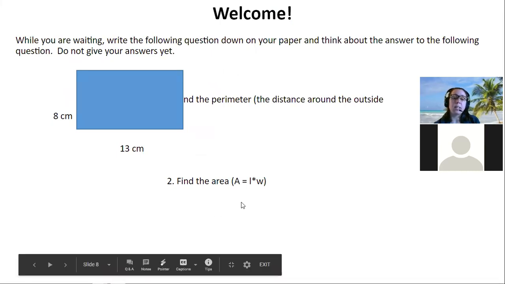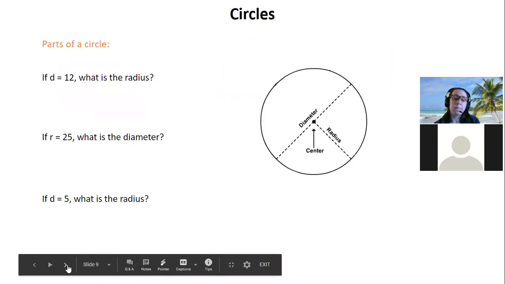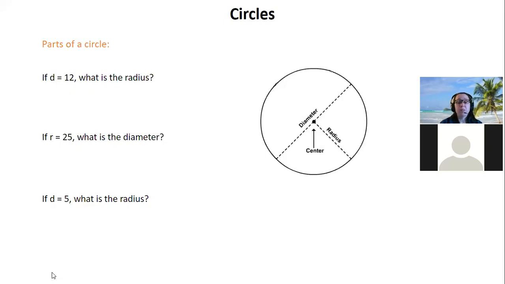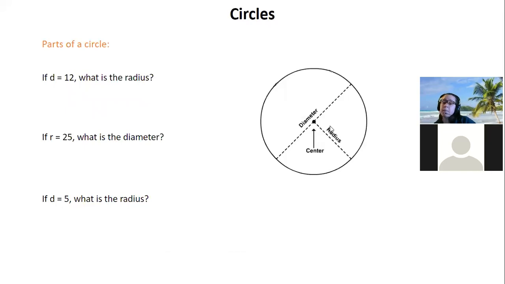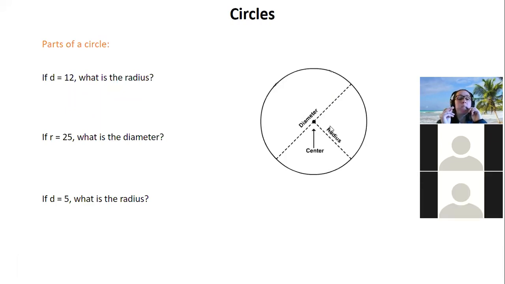We're not going to do this one. We're going to talk about circles. So there's our circle there, with diameter and radius. What's the difference between diameter and radius? Malachi, that's awesome because that also works.